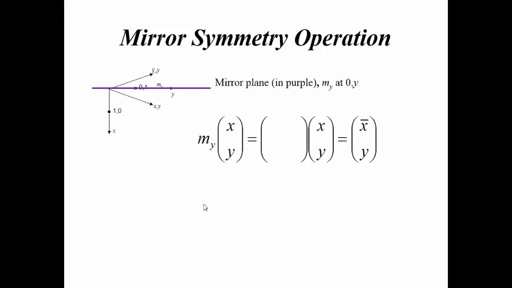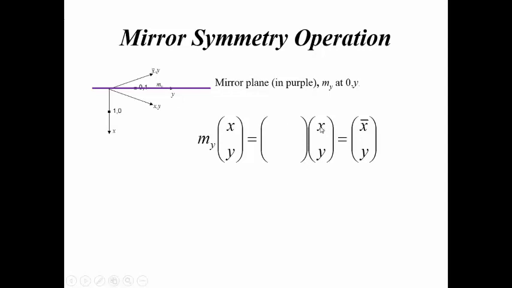We also want to associate a matrix m sub y with an operation, so every operation is going to have an associated matrix. And here we're going to operate the matrix on xy. We want to get as an answer x bar y. So what's the matrix that will do that?